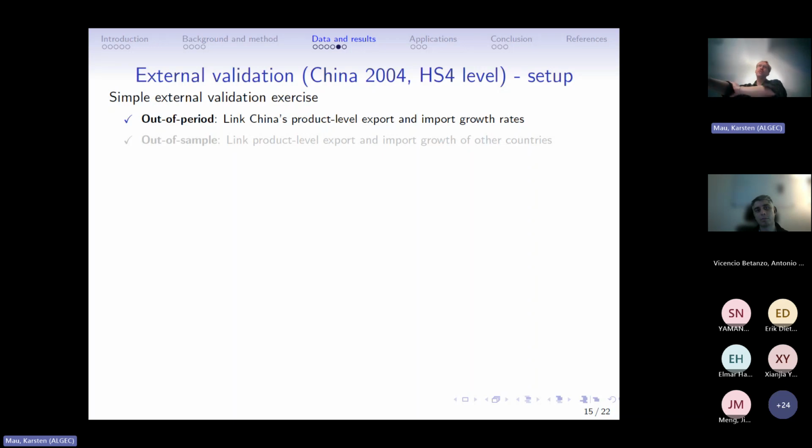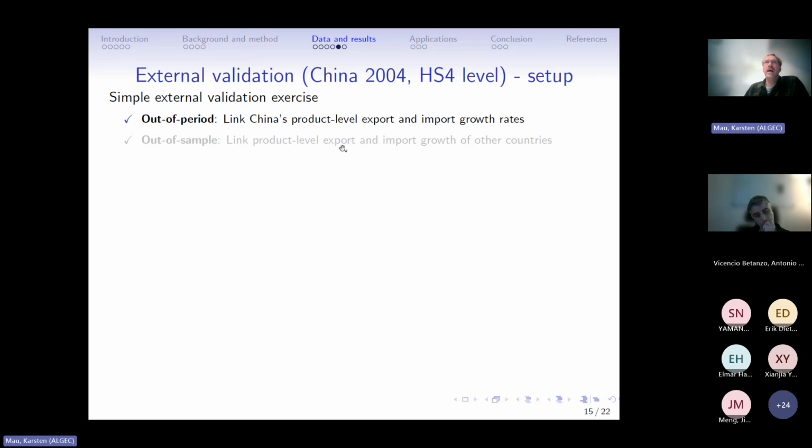The first thing we are doing is we use our mapping obtained from this 2004 cross-section to see whether we can predict import growth rates at the product level by observing downstream export growth rates at the product level. So growth rates clearly are not a cross-section of a single year, but the average annual growth rate for a period of years.